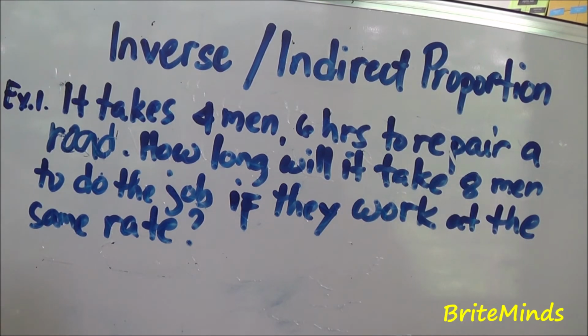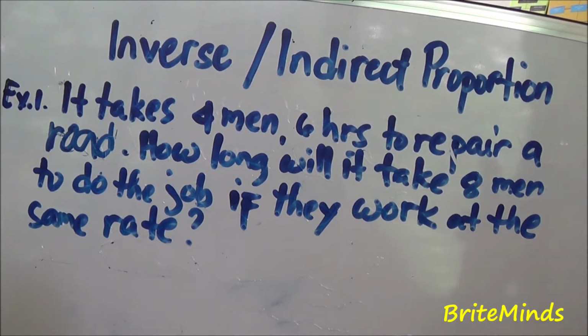So we know that this problem is an inverse or indirect proportion. It shows the number of men and the number of hours relationship. The number of men is inversely proportional to the time taken to do the job.